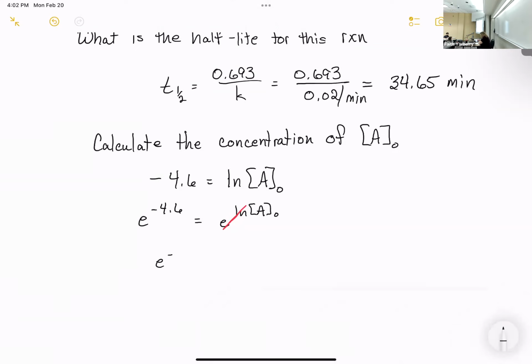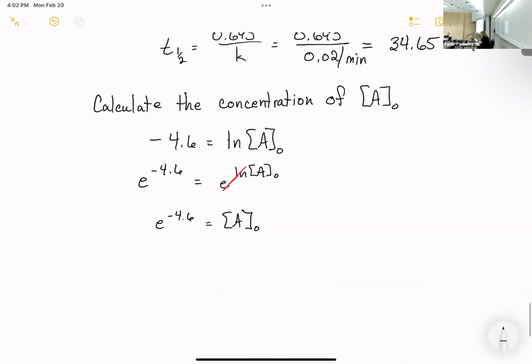So E to the -4.6 is equal to A naught, which comes out to be 0.01 molar, if we want to go that far, is equal to A naught.